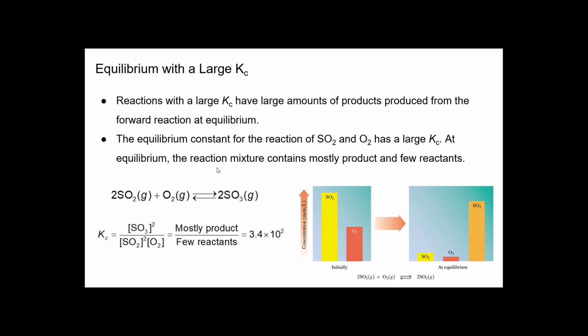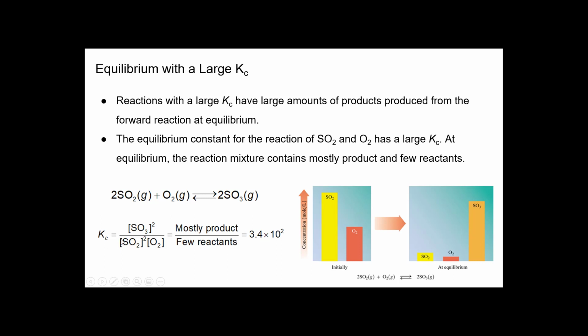If we take this reaction of sulfur dioxide and oxygen, which produces sulfur trioxide, initially we have reactants but no products because the reaction hasn't started. But once it started and eventually hit equilibrium, we had a very large concentration of product and a very small amount of reactant.